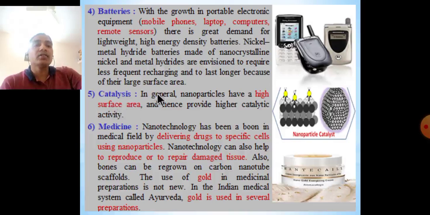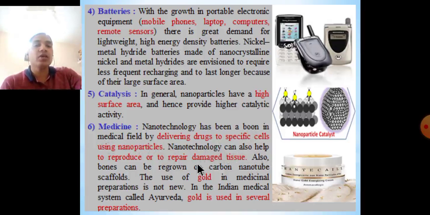Fifth, catalysis. In general, nanoparticles have a high surface area, and hence provide higher catalytic and activity sites. Sixth, medicine. Nanotechnology has been a boon in the medical field by delivering drugs to specific cells using nanoparticles.